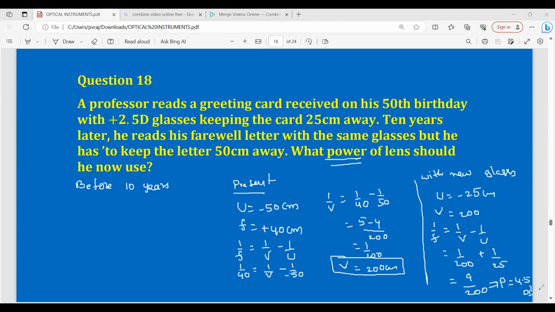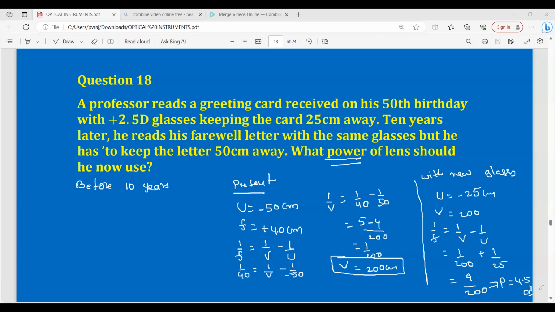See that question clearly. A professor, initially at his 50th birthday, that means at the age of 50 years, is using 2.5 diopter glasses, and he is able to see the book or paper, whatever it is, at 25 centimeters only. If he keeps it at 25 centimeters, he is able to see that.